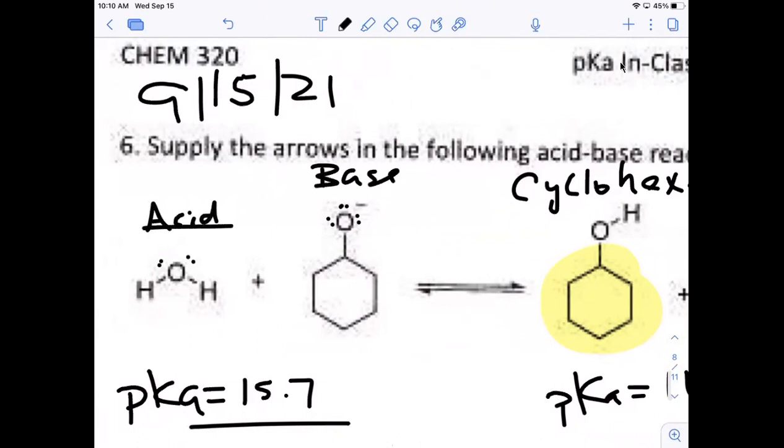Very good. Water is tricky because it can be both, but in this case, it's acting as an acid. And when you compare the two molecules, you see that the cyclohexanol anion has a negative charge. It's got 3 lone pairs. So that's going to be more apt to donate a pair of electrons and do proton transfer than water, which is neutral.